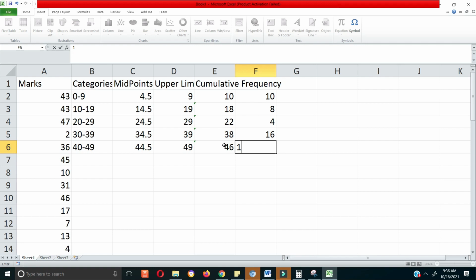Wait a minute, this should be A51. Okay, I have to fix this.